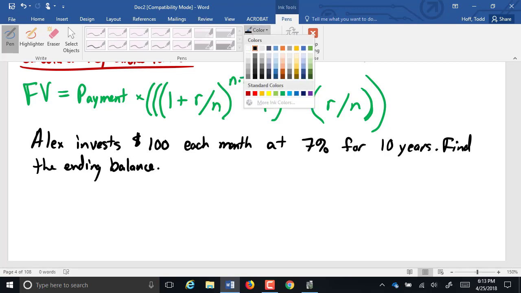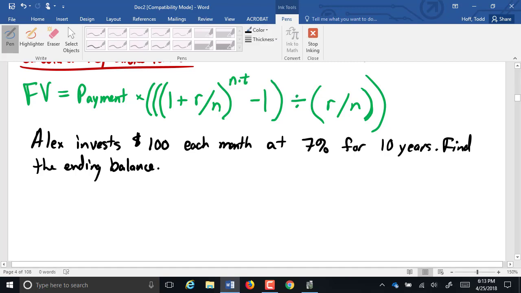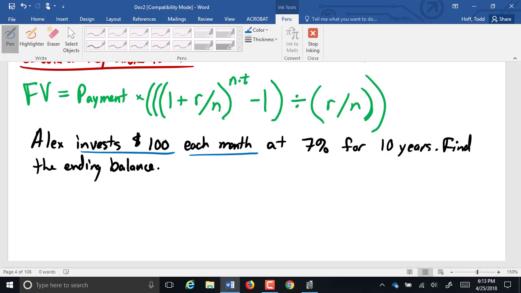So let's put in these numbers. The ending balance, yes. Invests $100 each month. That's saying they're investing over and over again. That means it has to be an annuity formula. So ending balance is the future value. So we're looking for the future value.